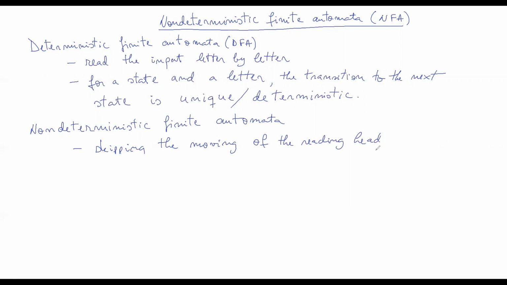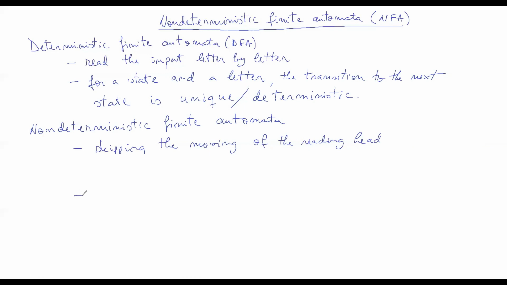This is as opposed to the way deterministic automata were, that they would read the input letter by letter. So in each reading you would move the reading head. Here in non-deterministic automata, you don't really have to move the reading head. You can just keep it on the same location.